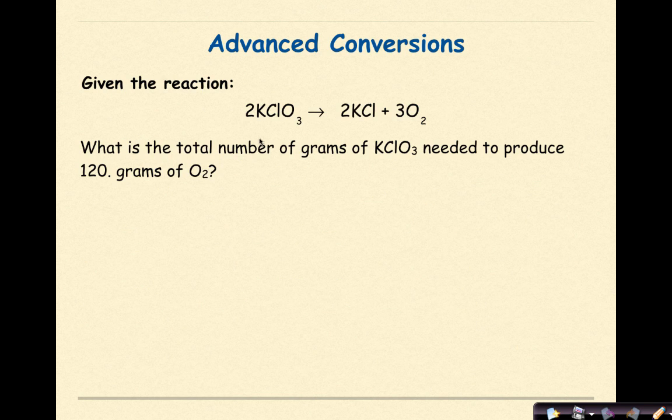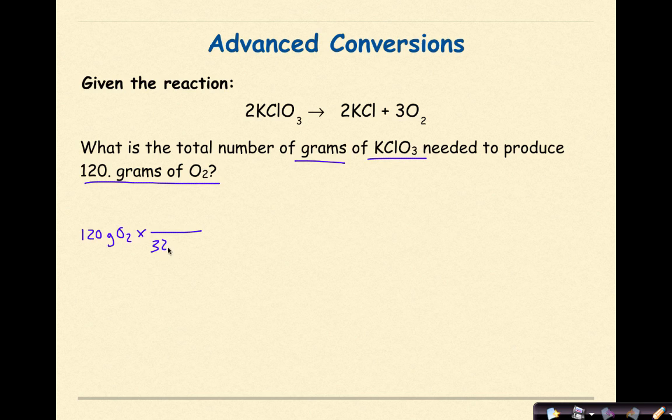Given the reaction, 2 KClO3 yields 2 KCl plus 3 O2. What is the total number of grams of KClO3 needed to produce 120 grams of O2? All right, so we have a mass to start with, 120 grams of O2. And again, the first thing that we're always going to do is take our mass and convert it into moles.